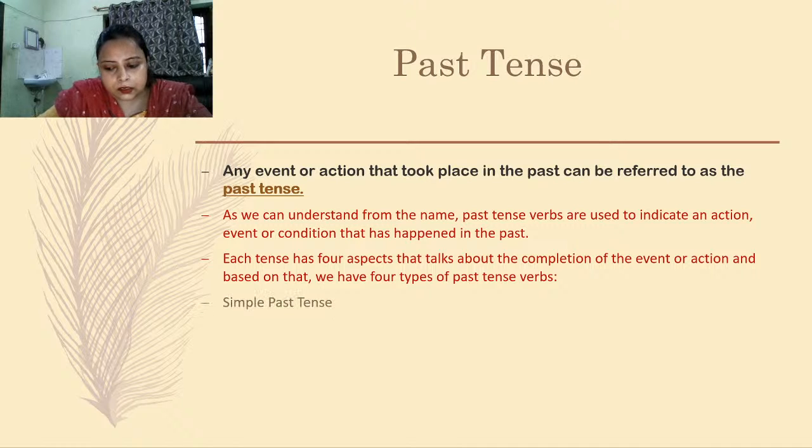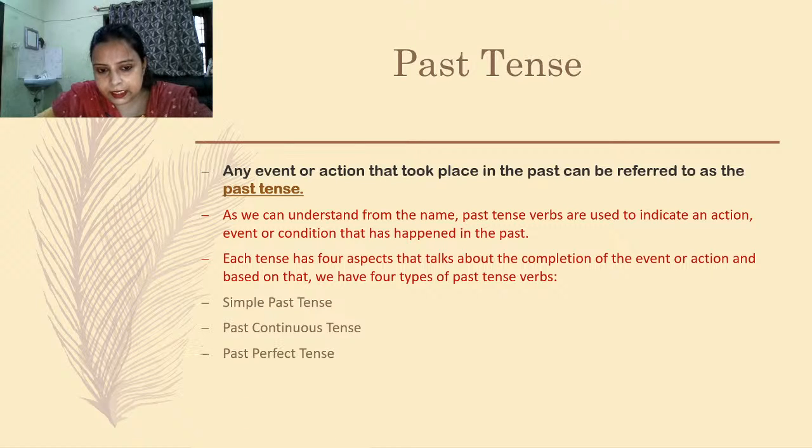Simple past tense, past continuous tense, past perfect tense and past perfect continuous tense. Please note down: simple past tense, past continuous tense, past perfect tense and past perfect continuous tense.